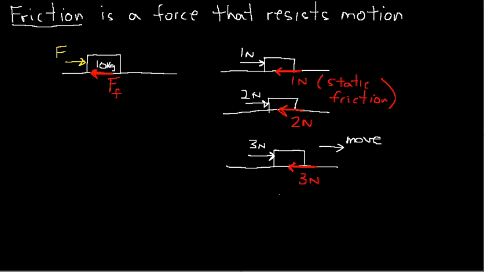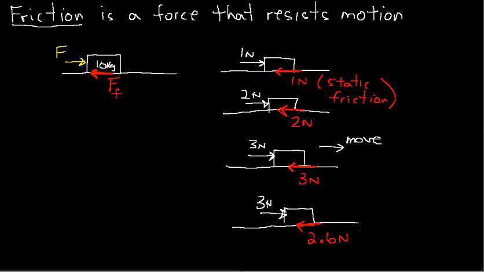And now that we're in motion, what happens is this. I'm applying a force of 3 newtons, and friction is still there, resisting me. But now that the box is moving, friction dropped down. So let's say friction drops down to maybe 2.6, just for example, 2.6 newtons.